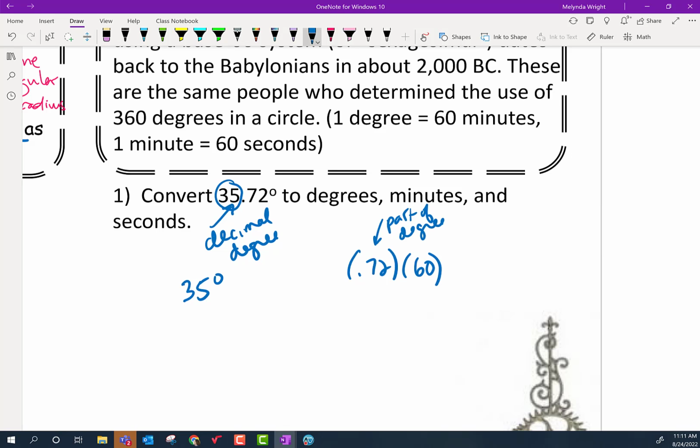And we know that there are 60 minutes in 1 degree. So I'm multiplying 60 times 0.72 to see how many minutes I have. When I do that, using a calculator, I get 43.2. The whole number, that's how many minutes there are.